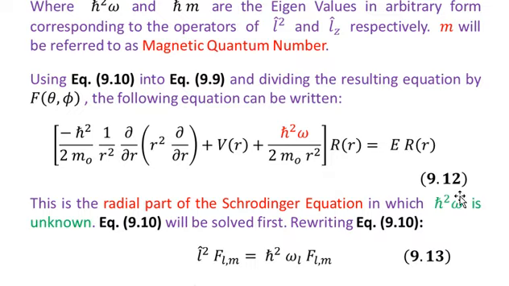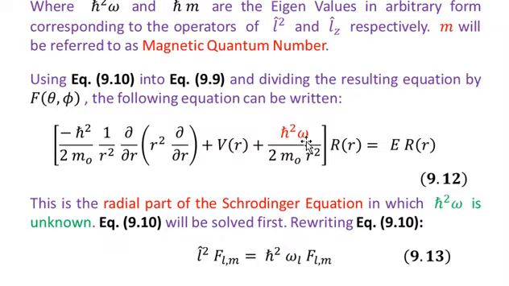So you see that equation number 12 contains only the radial part of the wave function, because we have eliminated the azimuthal part of the wave function using equation number 9.10. And you see that in this equation I have shown h bar square omega in red, and of course this quantity is unknown, that is, omega in equation number 9.12 is an unknown quantity.